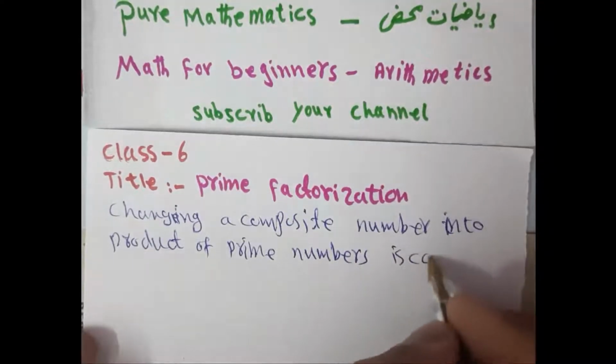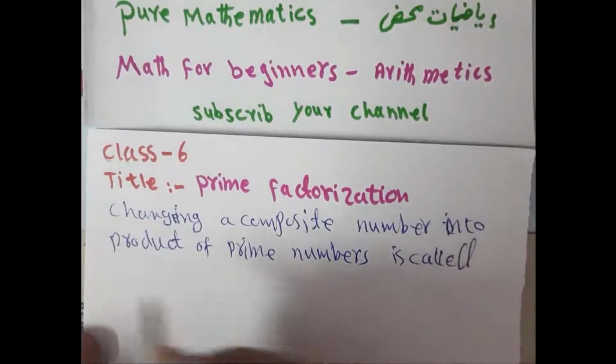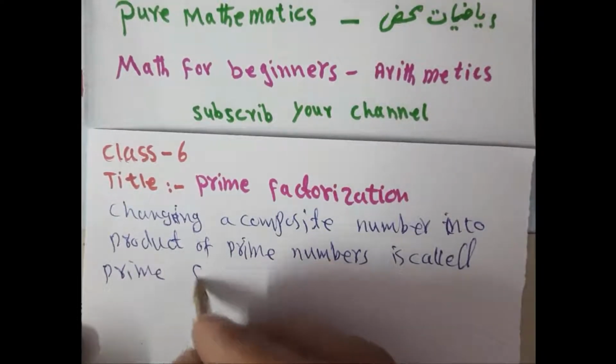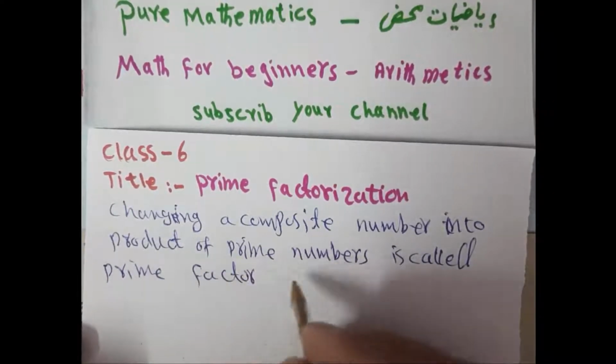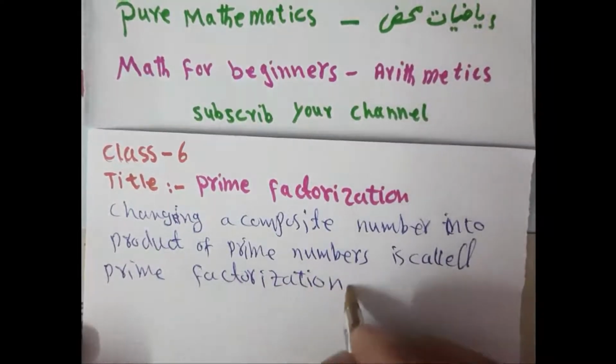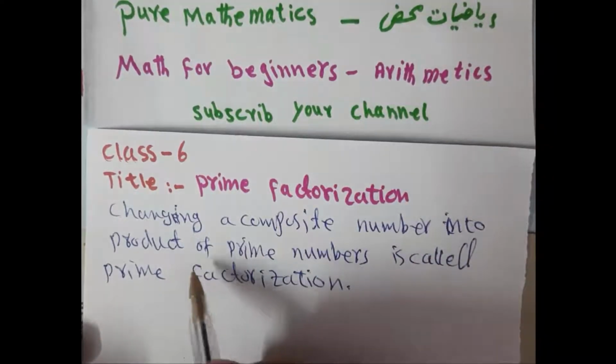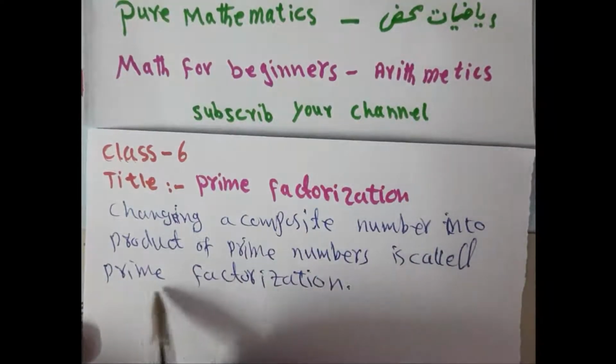It is called prime factorization. That is the definition of prime factorization: changing a composite number into a product of prime numbers is called prime factorization.